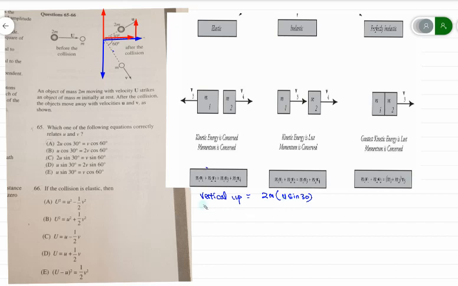Now vertically down, this is produced by this object here. So the vertically down component is this one.